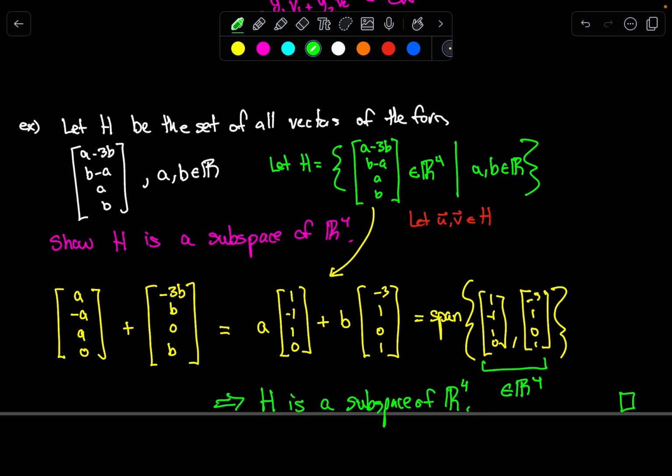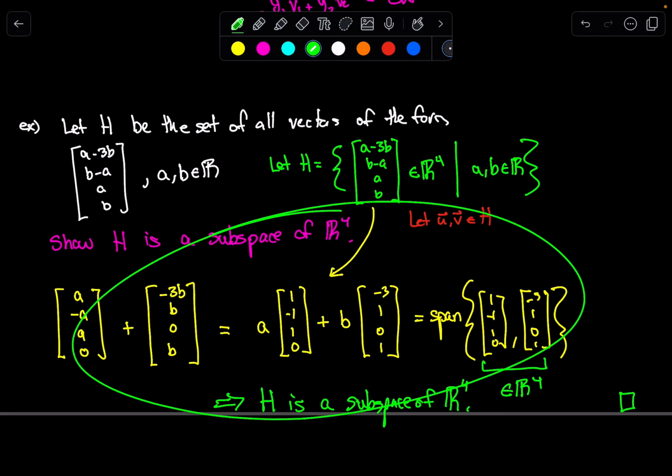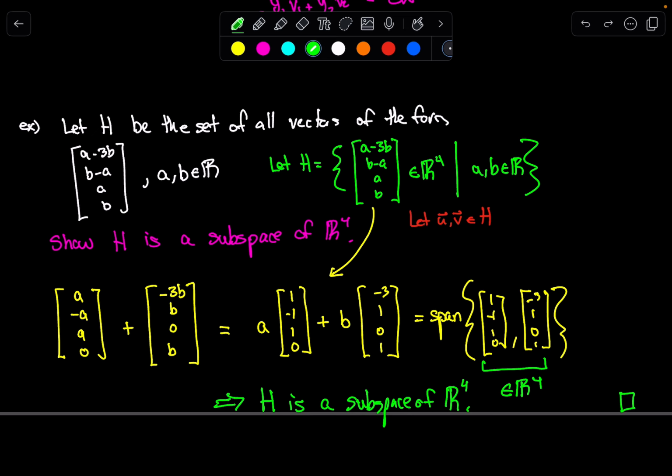In the algebraic ways, I rushed through a few of them because the goal of this video was less about the rigor, which is what I focused on in the last video, and more on getting through various different examples. But when you want to show it for your homework, you do have to do the rigor and show the different steps, unless you get something like this: if you're asked to show that this is a subspace, and you show that it's a span, then you're good to go.